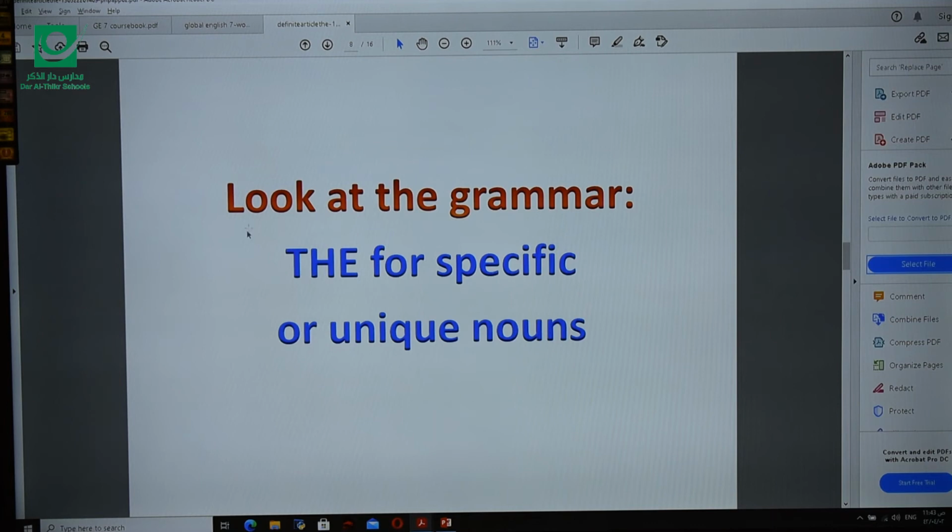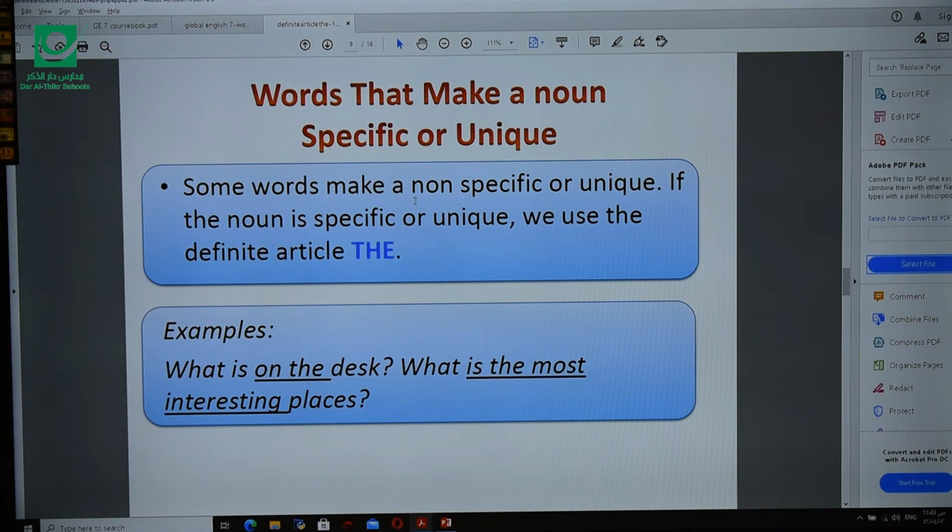Next one. Let's have a look at the for specific or unique nouns, and when I can use the with the following ones. If the noun is specific or unique, we use the definite article the, like what is on the desk, or what are the most interesting places.